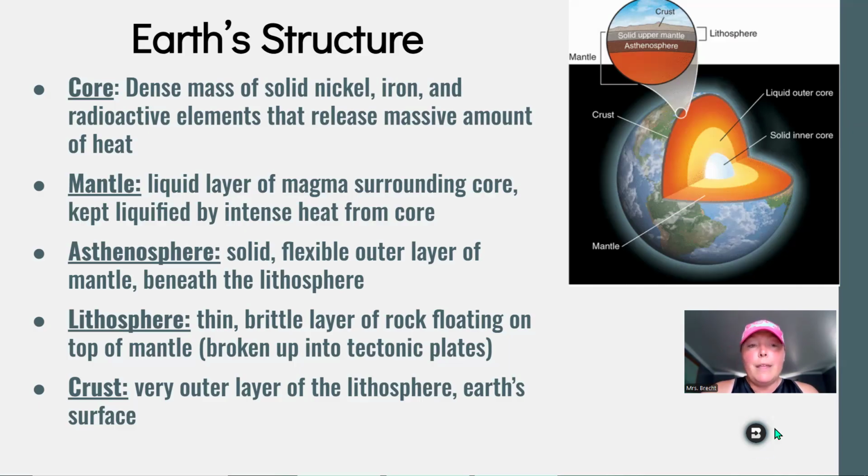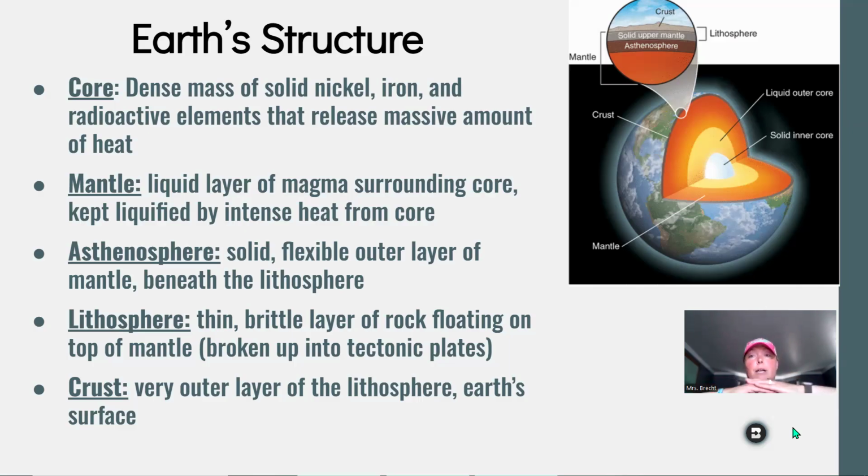The asthenosphere is the solid, flexible outer layer of the mantle. So that's right below where we live. And then the lithosphere is the brittle layer of rock that floats on top of the mantle. That's where we have our tectonic plates.